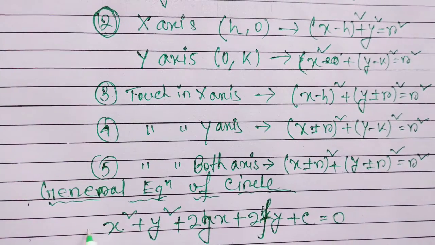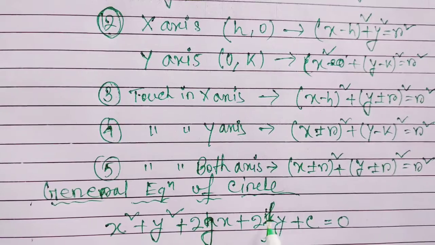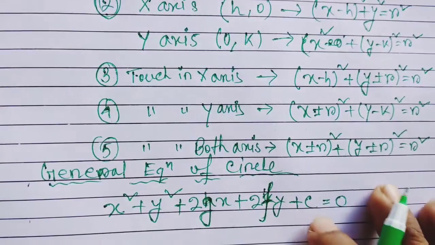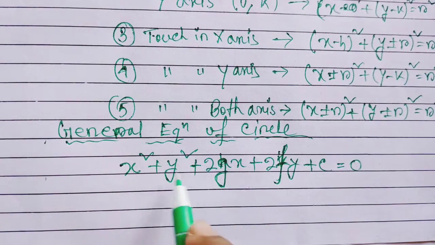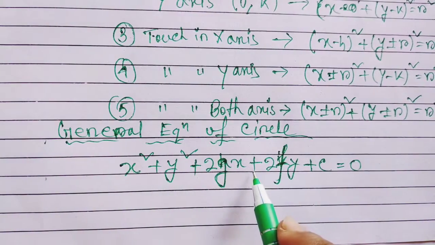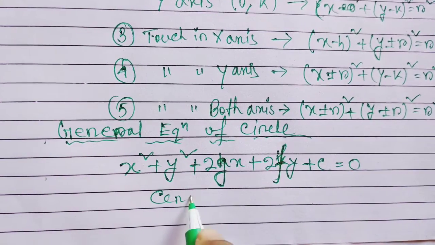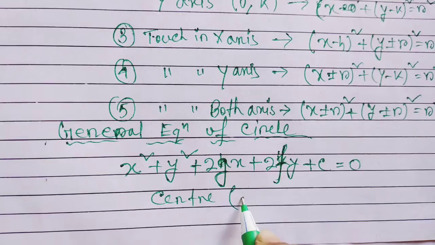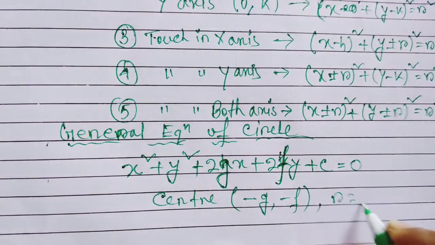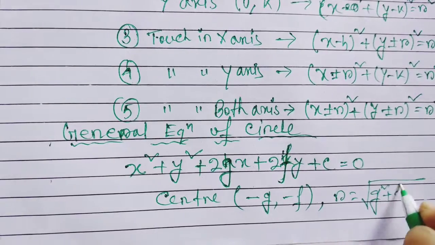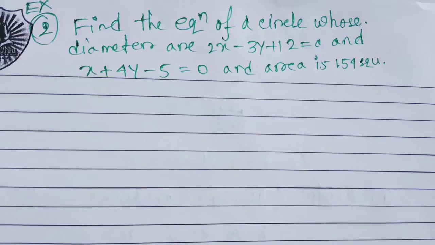So this is the general form: x square plus y square plus 2gx plus 2fy plus c equal to 0. This equation is called the general equation of a circle, with center (minus g, minus f) and radius equal to under root g square plus f square minus c. Understood, everyone?